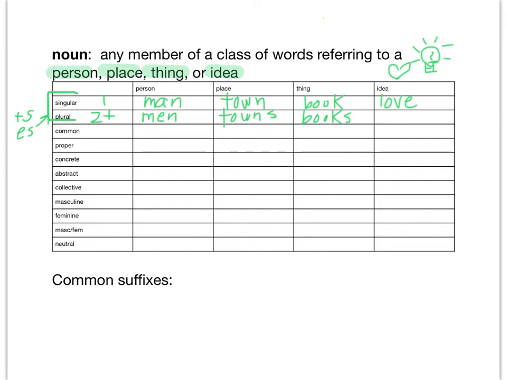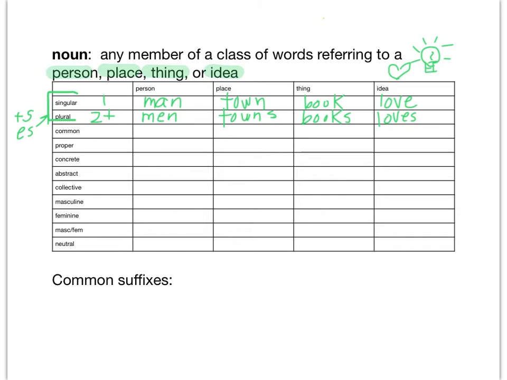I mean, I guess you could have multiple loves. But another one that you might think about, singular, I might have a friendship with one person, but I can have many friendships with many people. So while plural ideas exist, they're not as common as plural nouns that are people, places, or things.